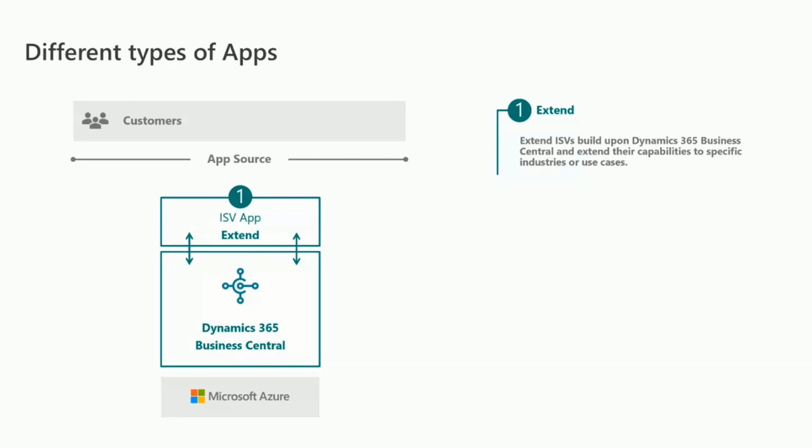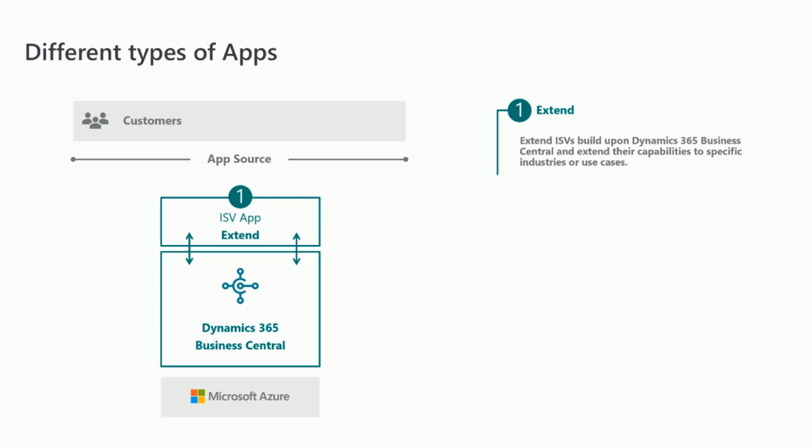So when we look at the types of apps present in the ecosystem, one is the add-on, the extension you build and publish to AppSource, and you build that in a programming language called AL.